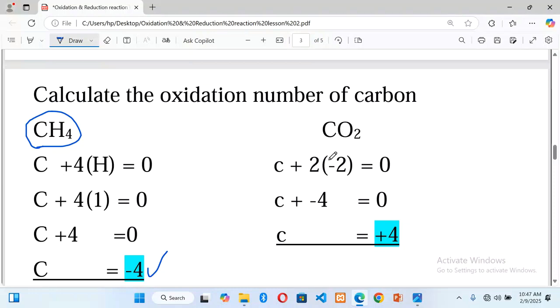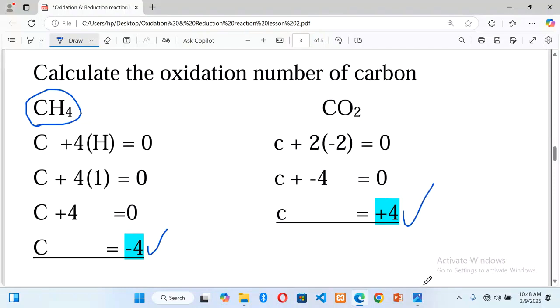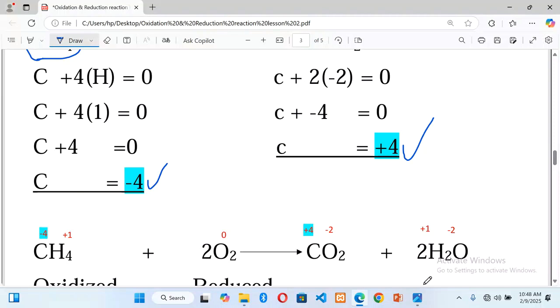So carbon plus -4 equals 0, so carbon is +4. The oxidation number of carbon in carbon dioxide is +4.